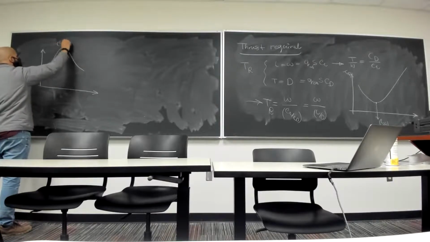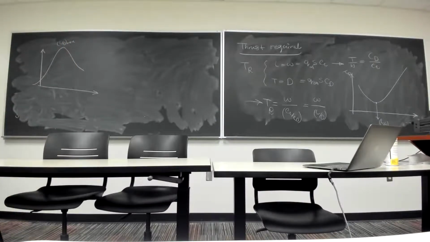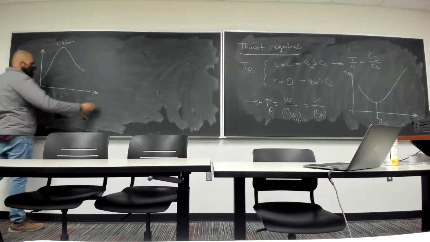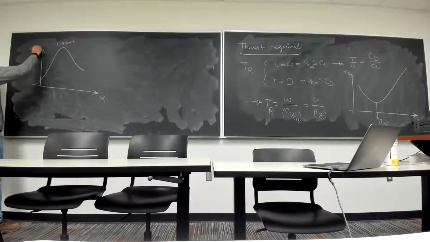Okay, this is just a reminder. So there's an angle of attack at which you are going to get the maximum lift to drag ratio. As you increase the angle of attack, your lift to drag ratio is going to change.